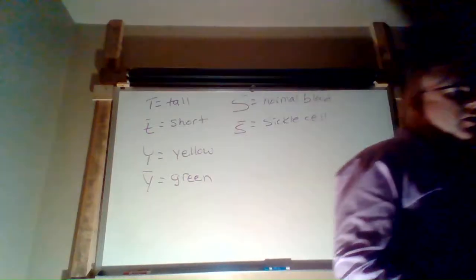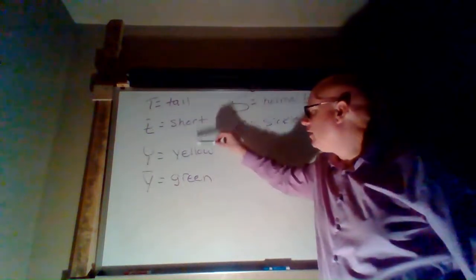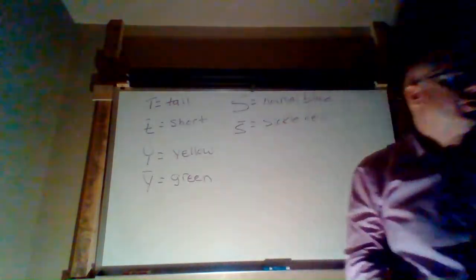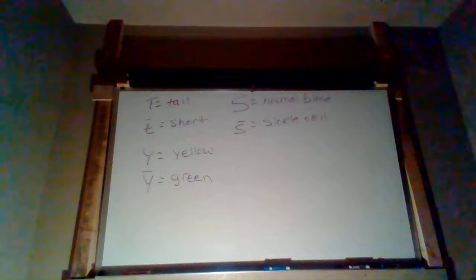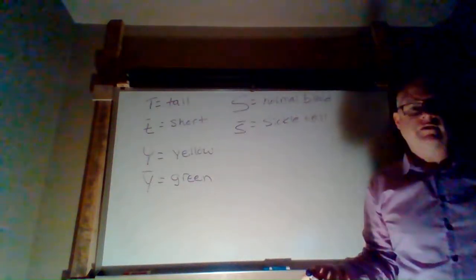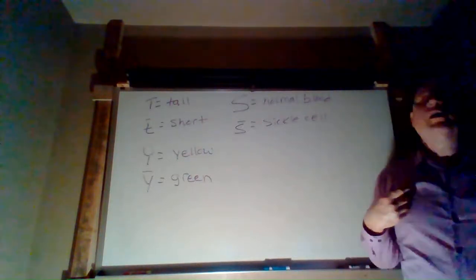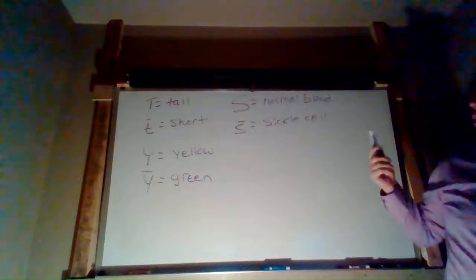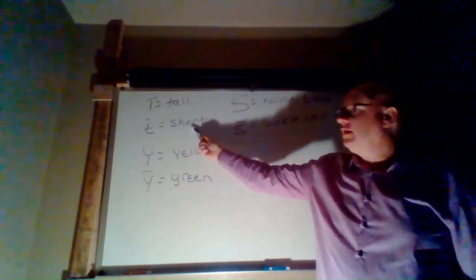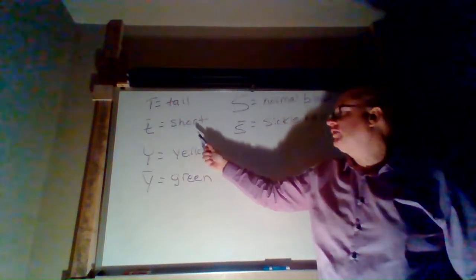Okay, so capital letters are dominant traits. Lowercase letters, that's why we got them dashes over the top, we know that those are recessive traits. I'm going to follow along with what's on a PowerPoint. I'm looking at a different computer at the same time. So keep in mind, the only way that a short plant can be expressed is if both alleles, or both letters, are lowercase t's.